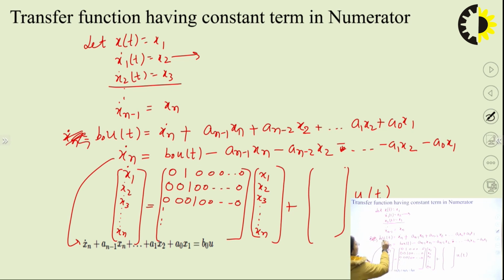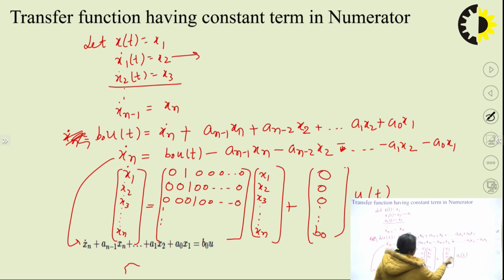Then I am writing the value of xn dot. In all the previous terms the value of u(t) is 0, so I am writing 0 here. And for xn dot the value is b0 u(t), that means up to 0 the last value will be b0 into u(t) minus a0 into x1, then minus a1 into x2, then minus a2 into x3, and so on, and at last minus a_{n-1} into xn.